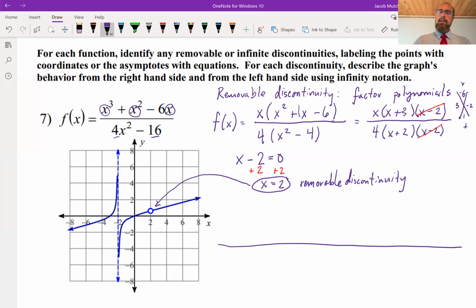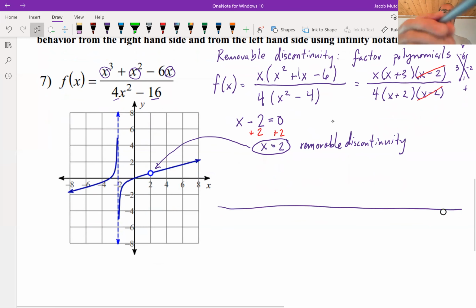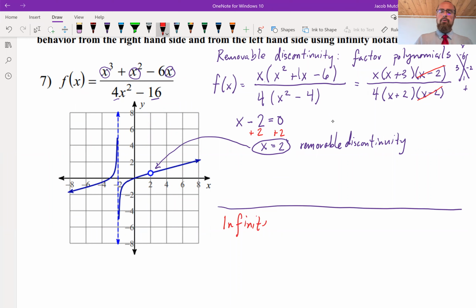investigate to see, do I have any infinite discontinuities? So remember, infinite discontinuities have to do with setting the denominator equal to 0. Now, we find the removable discontinuities first because when we go to find infinite discontinuities, we're going to work with the simplified version of the function.